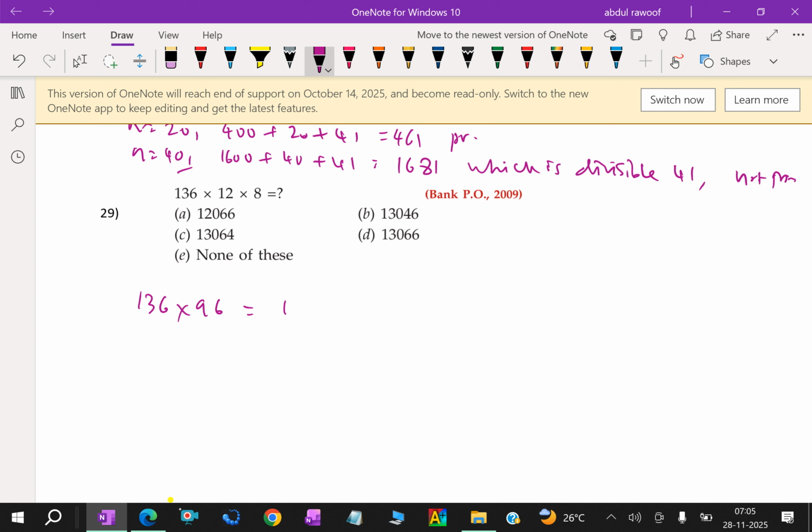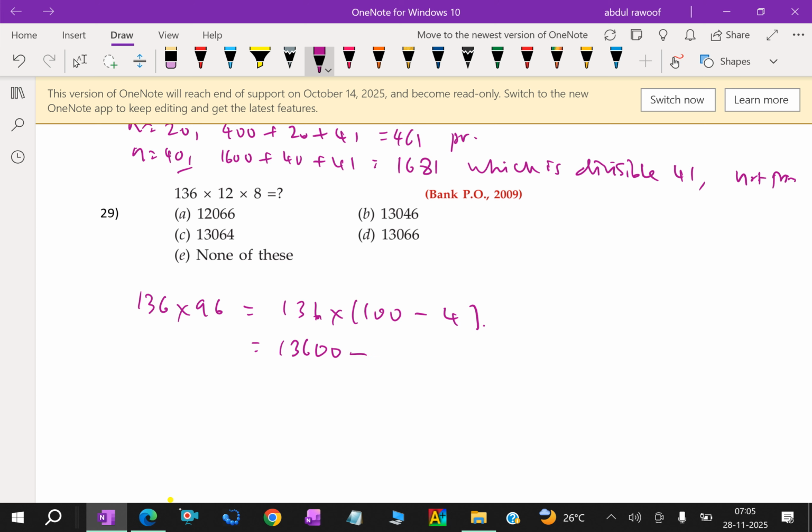This 96 can be written, for simplification of multiplication, as 100 minus 4. So 136 into 100 is 136 double 0, and 136 multiplied by 4 is needed.